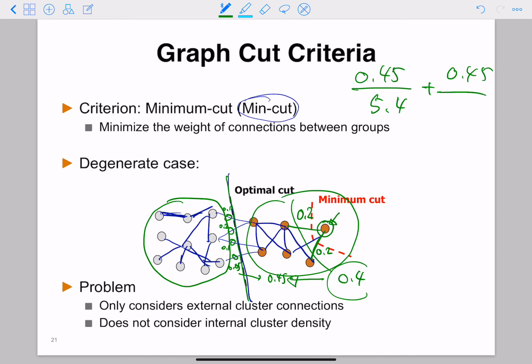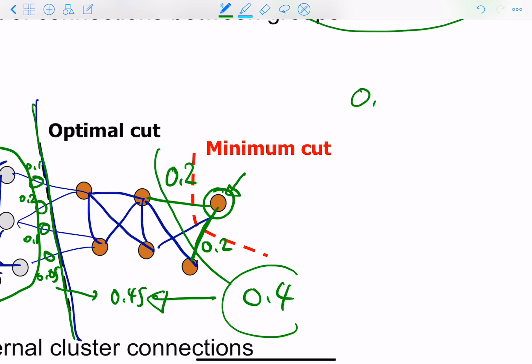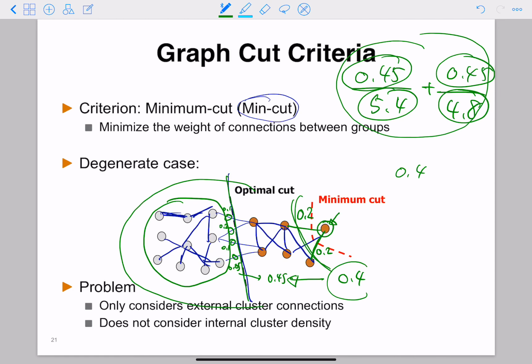The sum of edge weights in the second cluster that are involved in this cut is maybe 4.8. These cut measures are divided by the respective volume of each cluster, and we consider this the normalized cut. So even if we have a smaller cut and really large volume in a single cluster, right? So it is like this measure, which is really small.